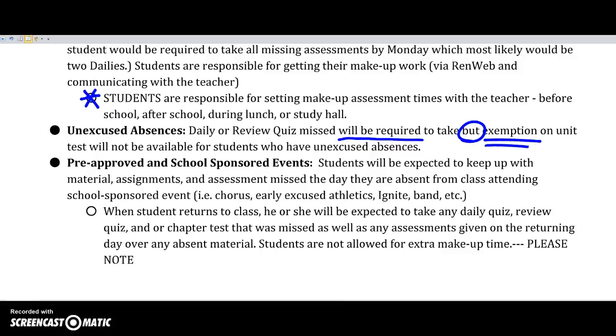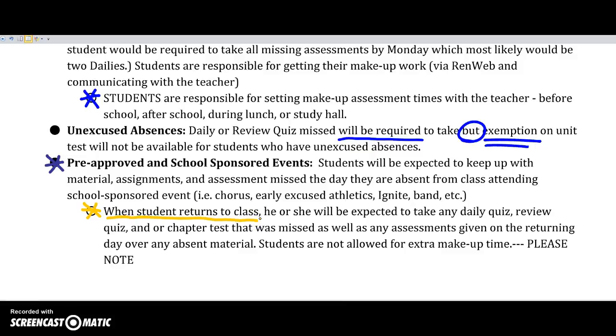Pre-approved and school-sponsored events, and this is super important and super detailed, but we wanted to make sure we put it in here. Students will be expected to keep up with material, assignments, and assessments missed the day they are absent from class and attending a school-sponsored event. So when students return to class, what are they expected to do?